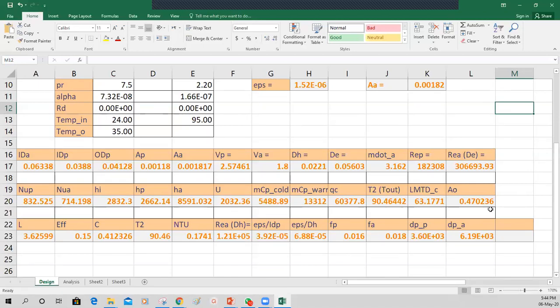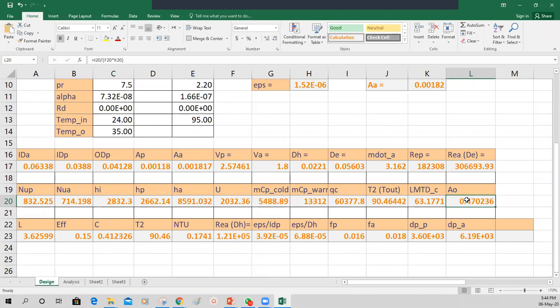Yes. For calculating the length, first we calculated the area subjected to heat transfer using the heat exchanger equation. What is the heat exchanger equation? That is Q equals U A LMTD. U multiplied by A multiplied by LMTD.